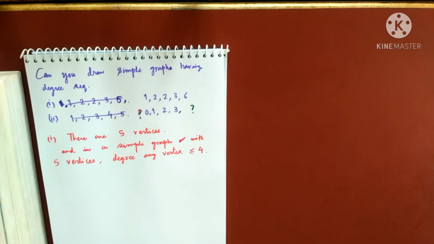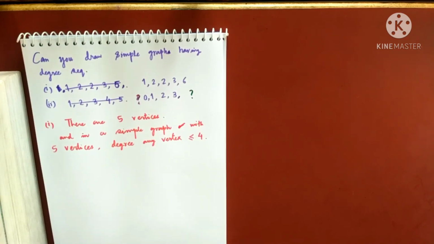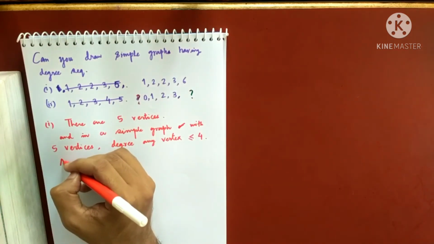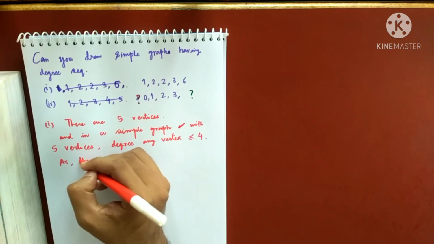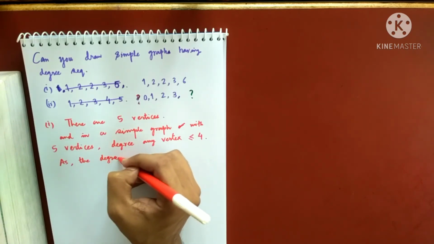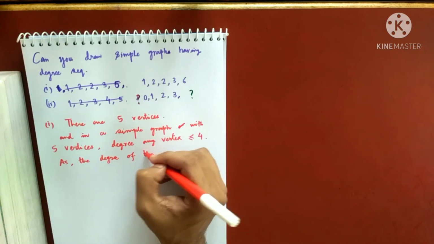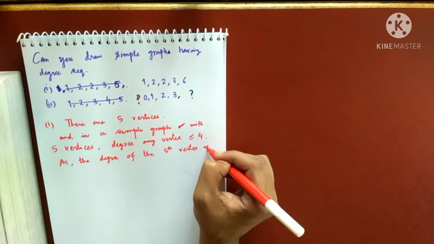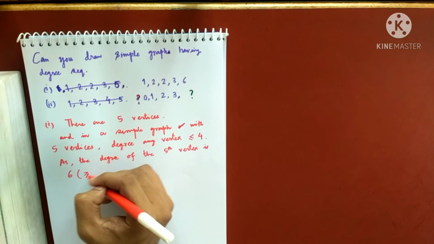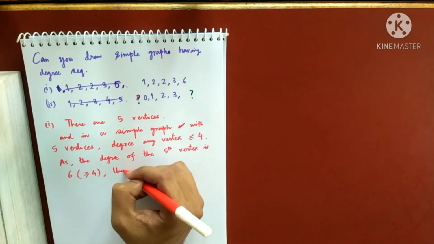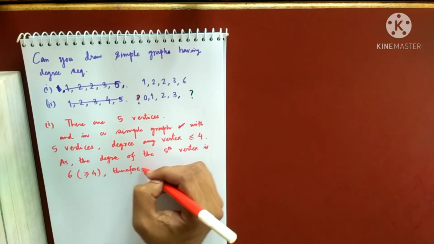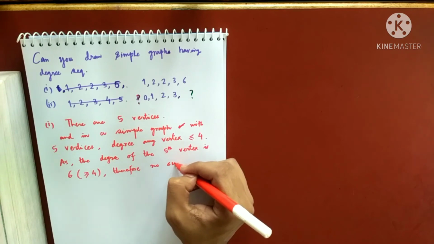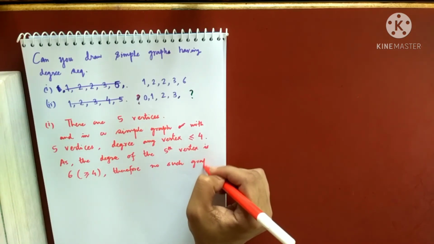You know, just now I proved it or claimed it. The degree of any vertex is less than or equal to 4, as the degree of the fifth vertex is 6, which is greater than 4. Therefore, no such graph exists.